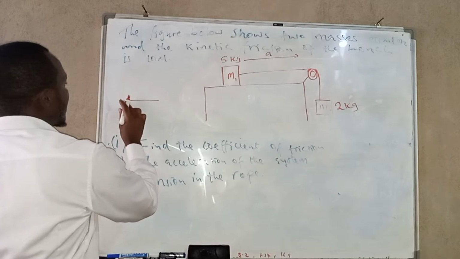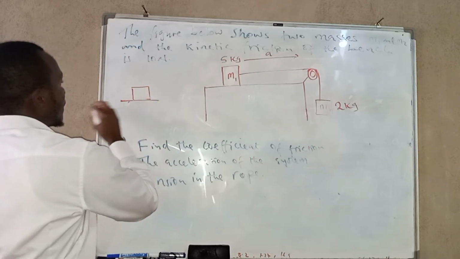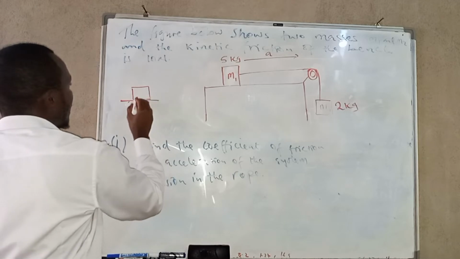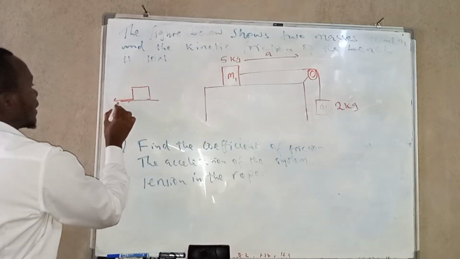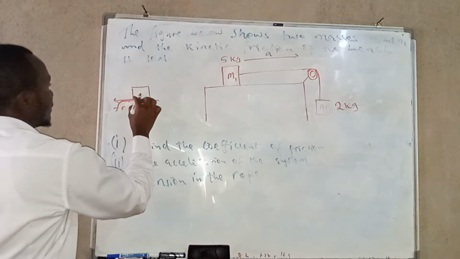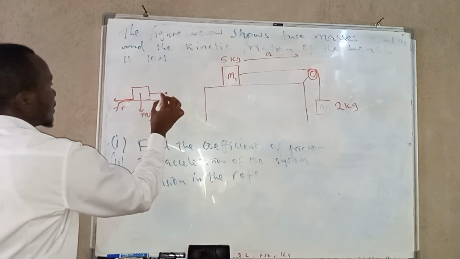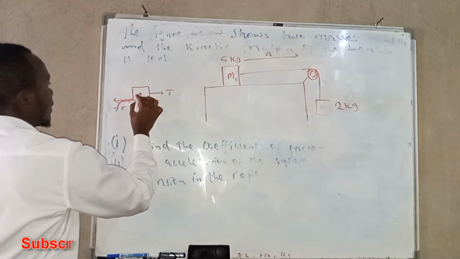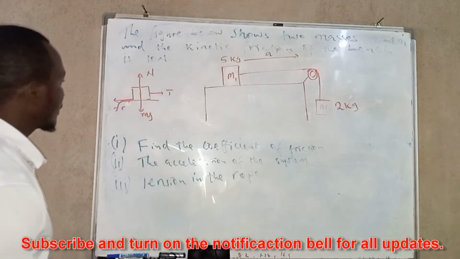This is the bench, which is the surface, then we have this mass, and since it is going in this direction, there is this friction force here, and then we have mg here. This is the tension in this direction. Then there's also a normal force.